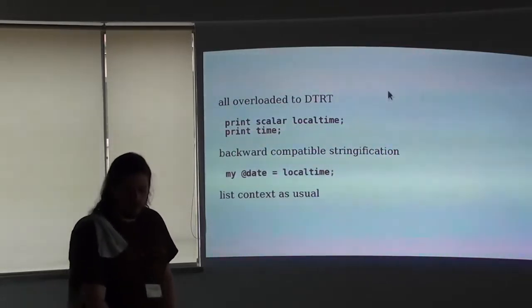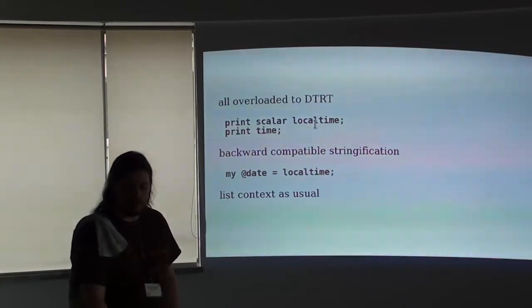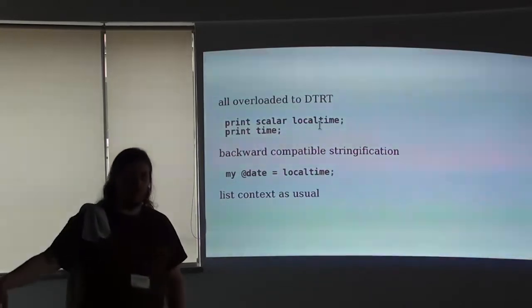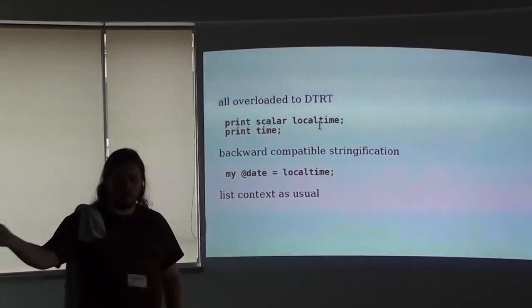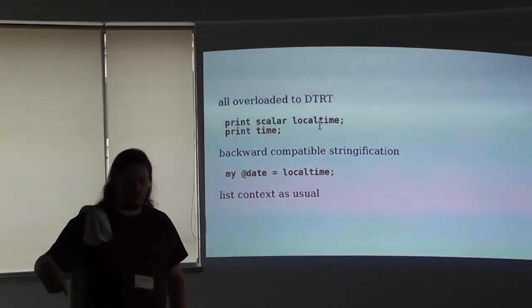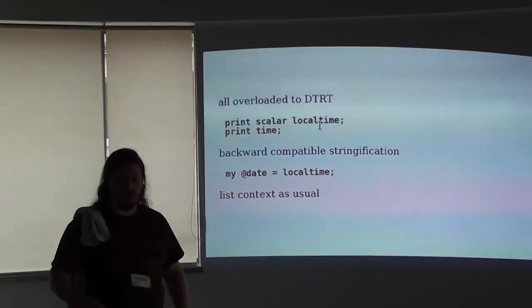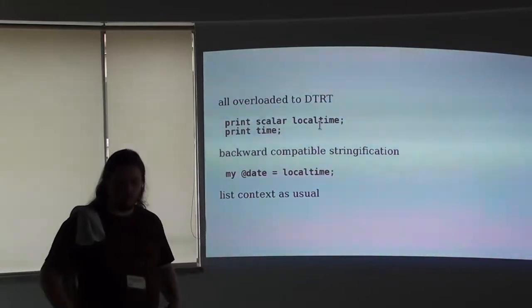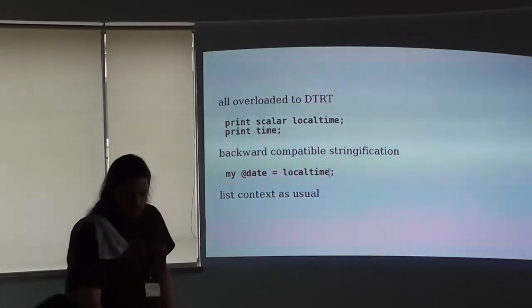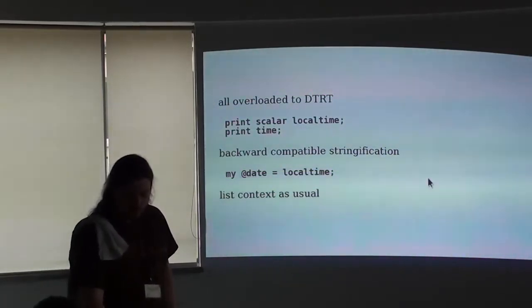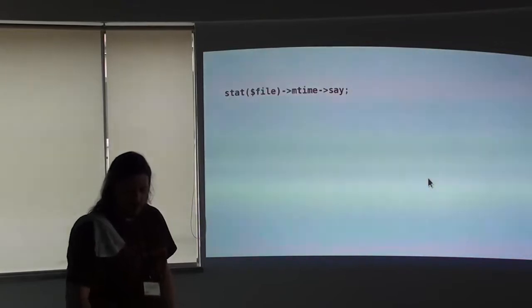For example, if you say it this way, then it will still stringify like the old behavior did. In this context, you got the list of results, and in the string scalar context, you got the stringification of the timestamp. And yeah, this is still there if you need it.